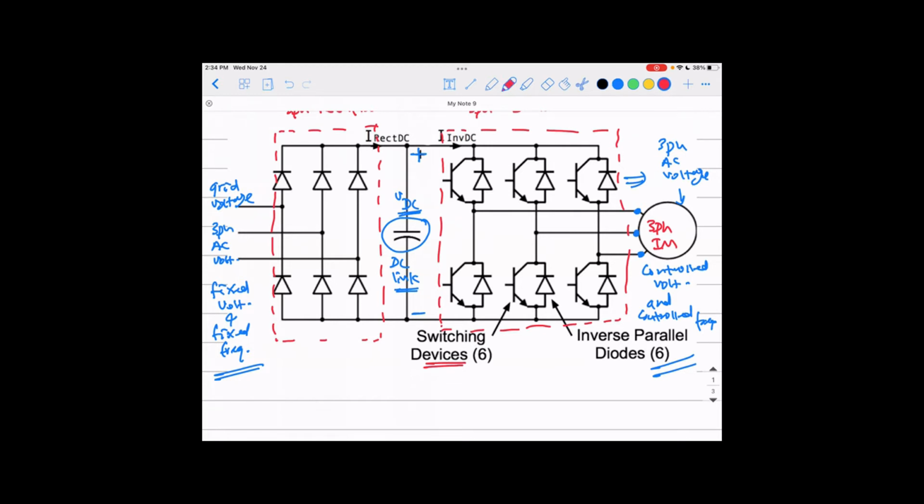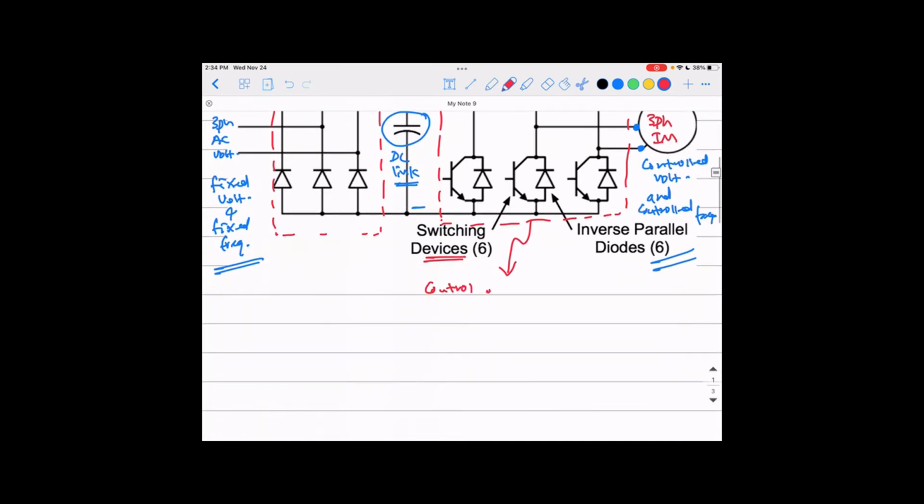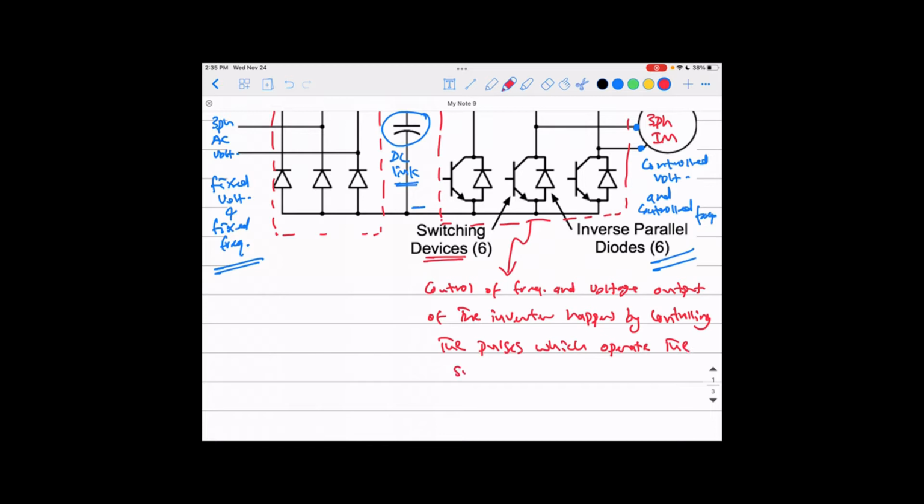So the control of frequency and voltage output of the inverter happens by controlling the pulses which operate the switches.